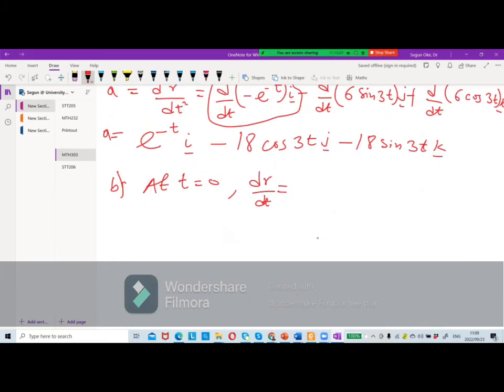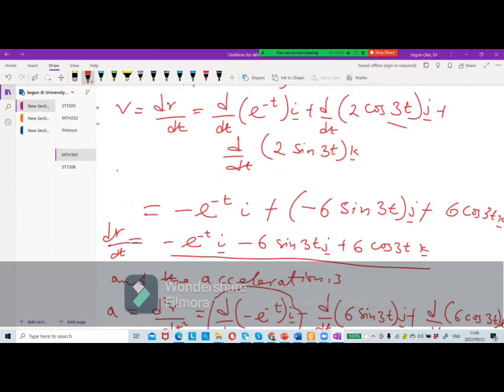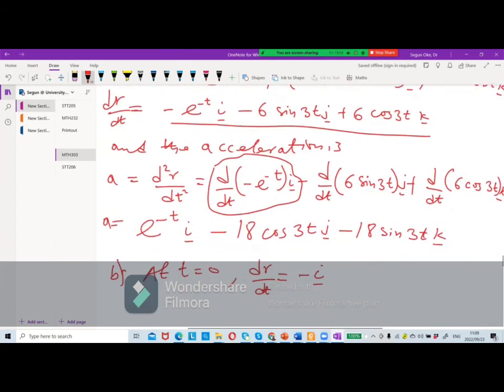Exponential 0 is 1. 1 multiplied by negative i, so you have negative i. Let me explain, it's negative 1 i. Let's continue.